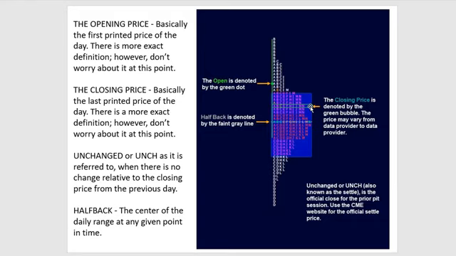We trade the ES, E-mini S&P mostly, and the CME has a published price that they put out at the close of each day. You see the line in the middle? That's what I talk about as being half back. That's exactly halfway between the high and the low. That's all there is to it.